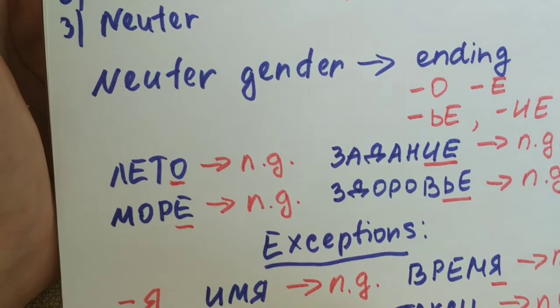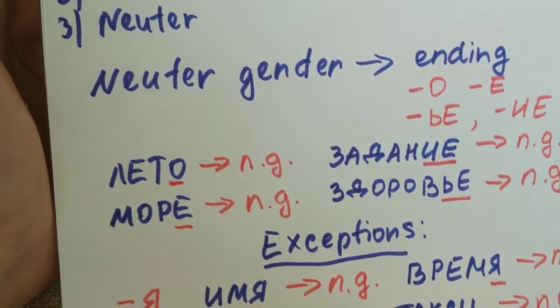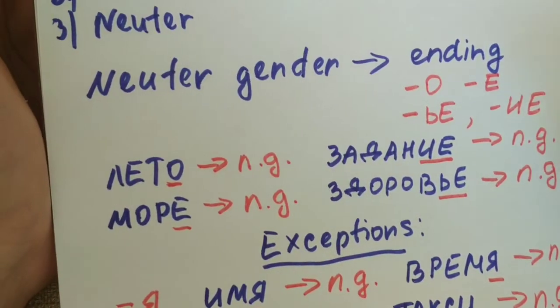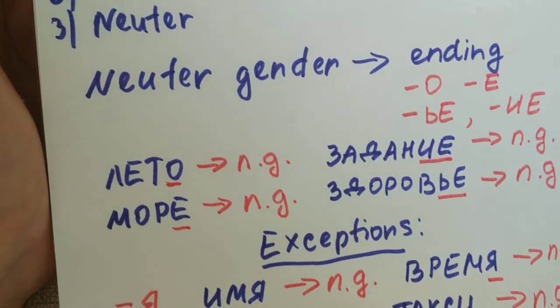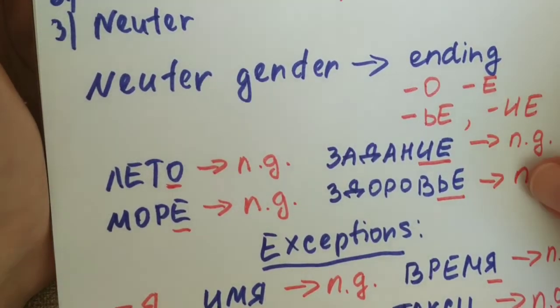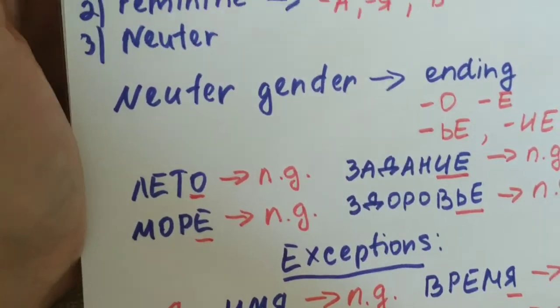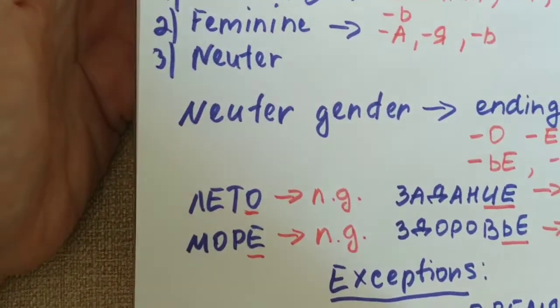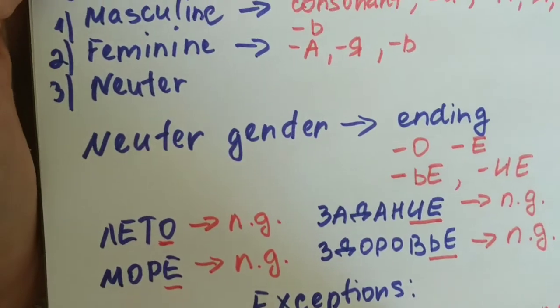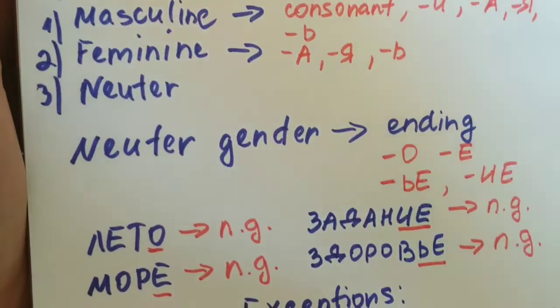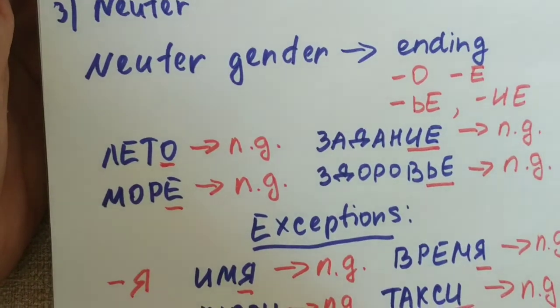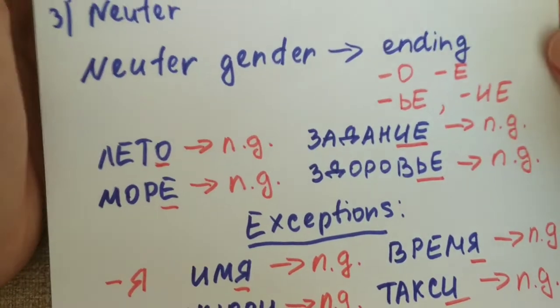If you distinguish the gender of a noun wrongly, then your whole sentence will be built incorrectly. So it's super important. Please take time to learn these rules, and don't be lazy. Please always consult with the dictionary. It is super important.